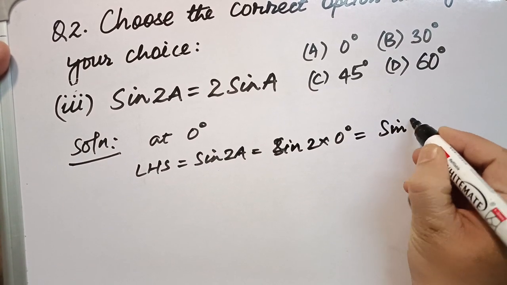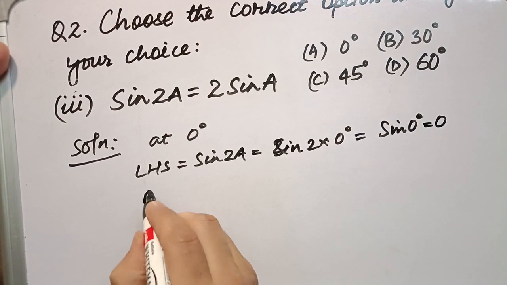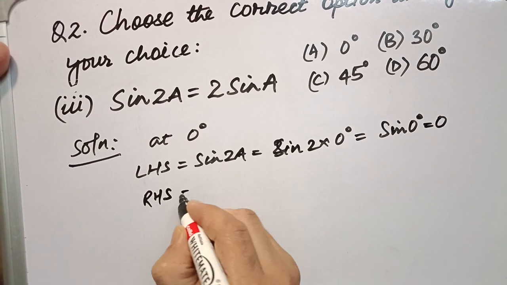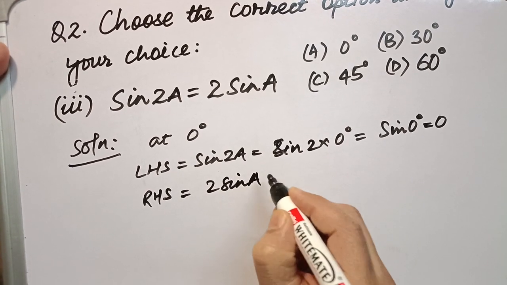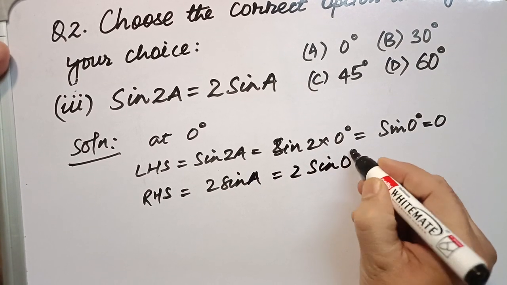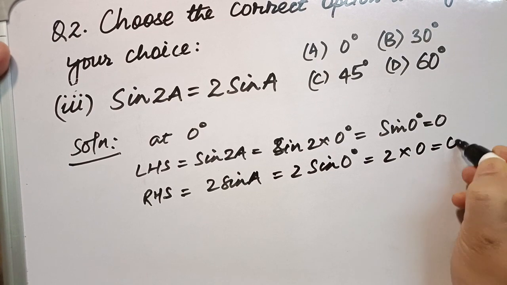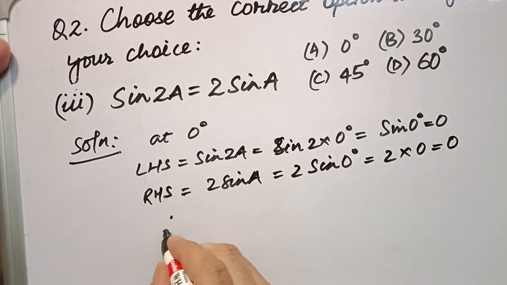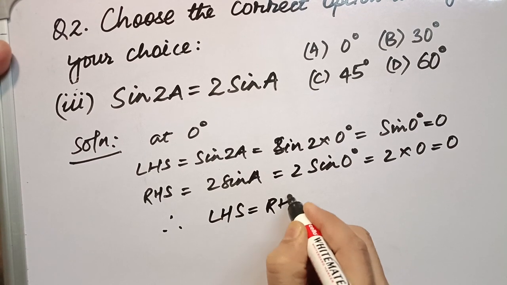Sine of 2 into 0 will be 0, and the value of sine 0 is 0. Let us check the right hand side, 2 sine A, that is 2 sine 0 degree, that is 2 into 0 equal to 0. Hence we can say left hand side equal to right hand side.